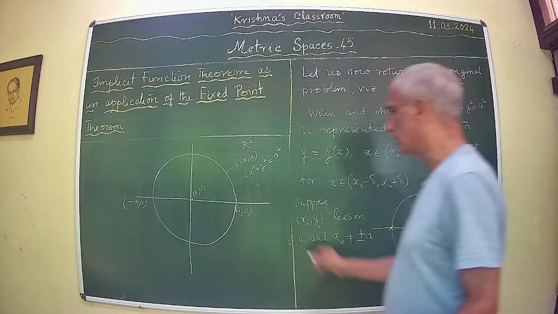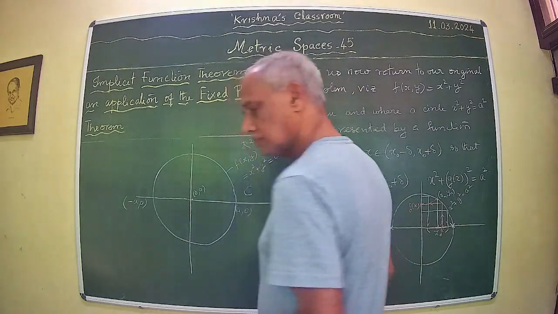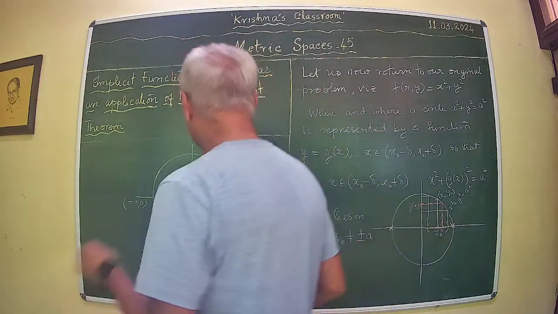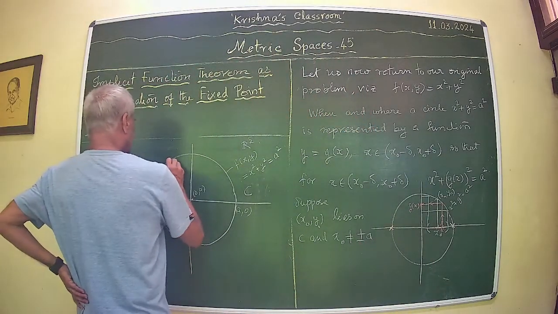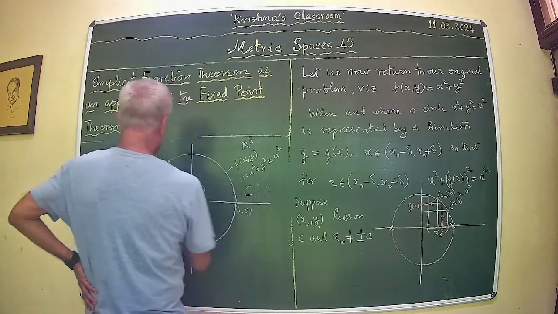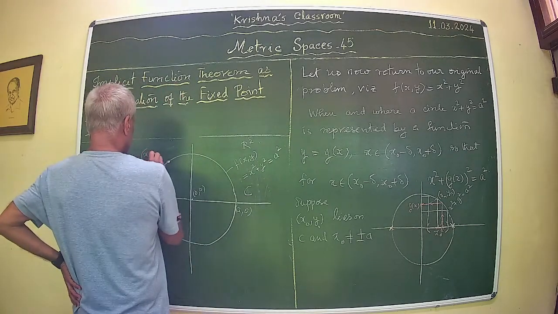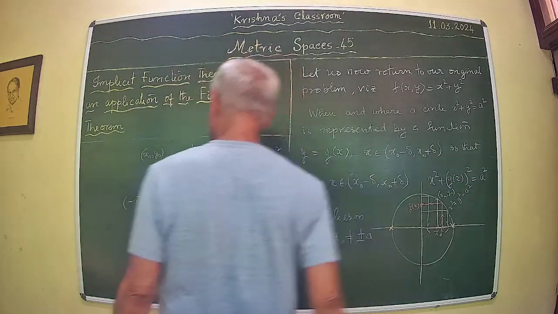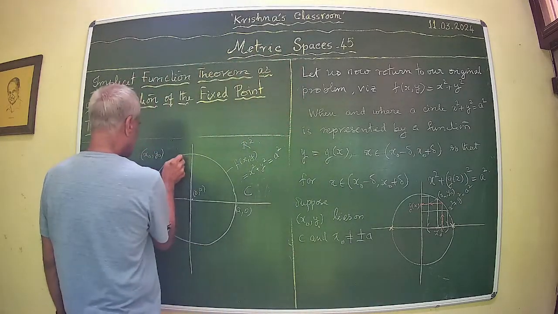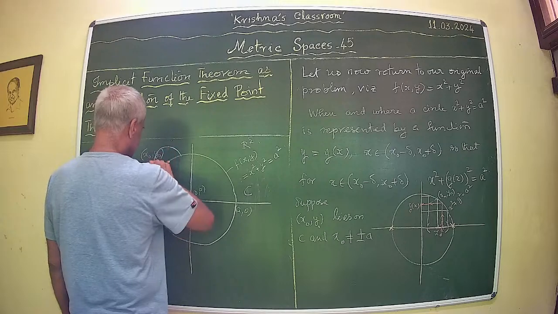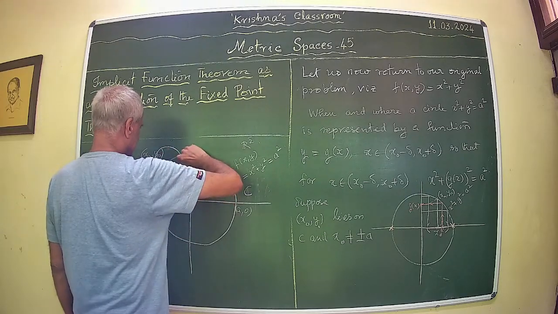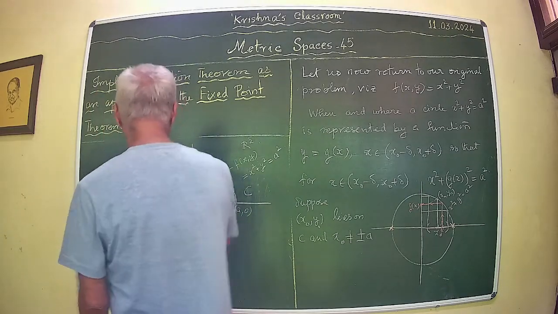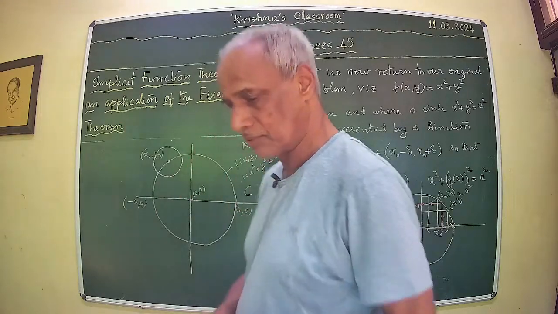That is the curve C. Now you see that you take any point x naught, y naught. Suppose this is the point x naught, anywhere other than these 2 points, and you choose a neighborhood of that. So let this be a sort of neighborhood of R.